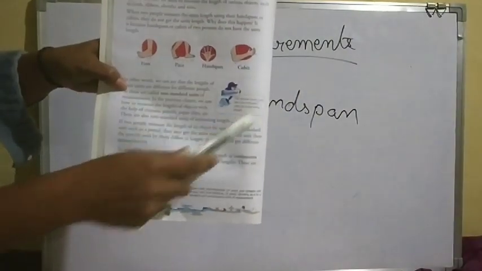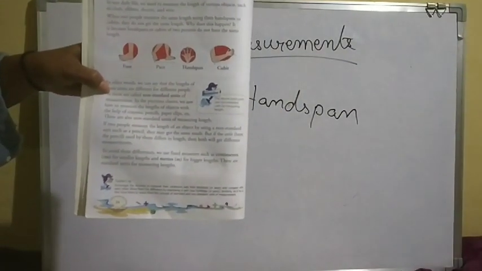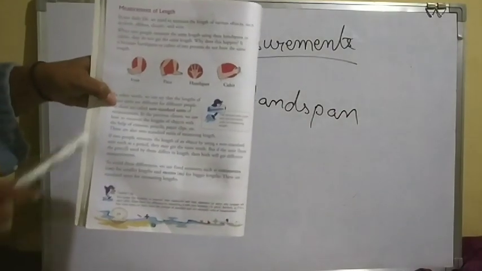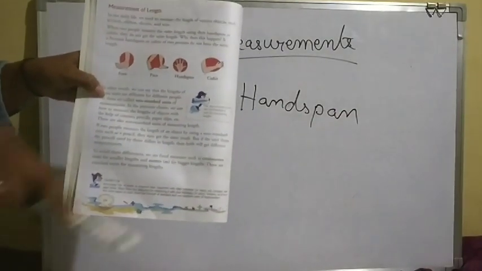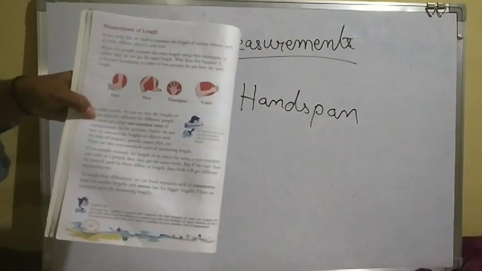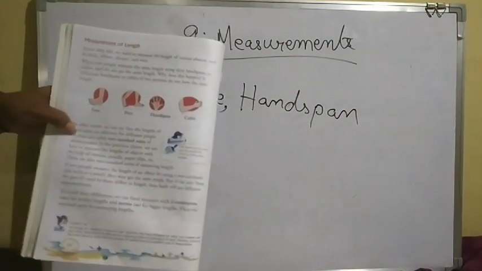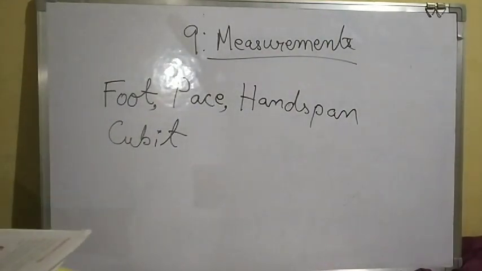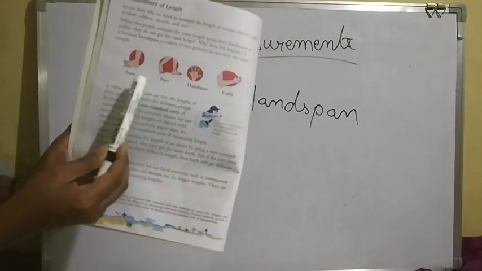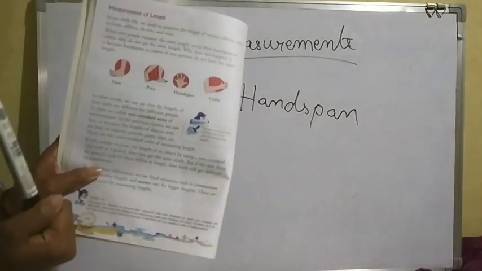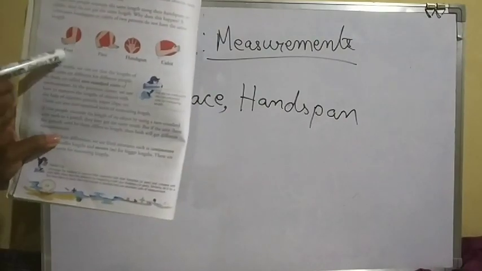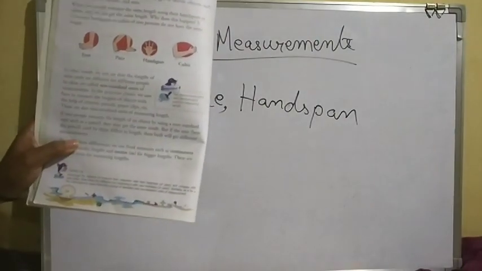These were used to measure the objects. Suppose with your foot you can measure the length of your room. But now what is the problem to measure with this foot, pace, handspan and cubit? These are non-standard units.